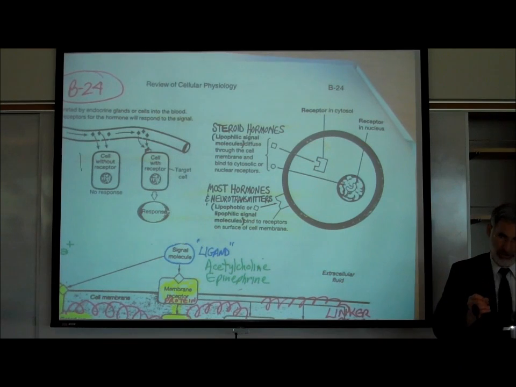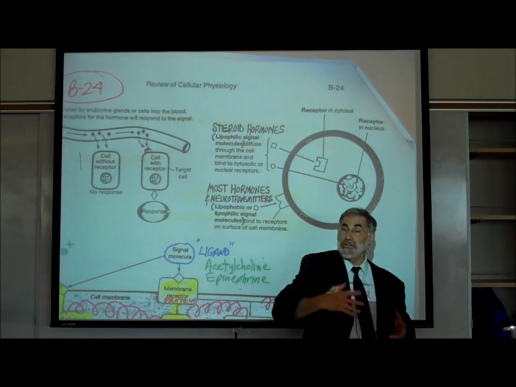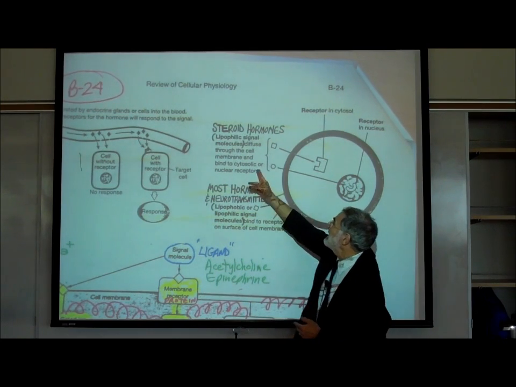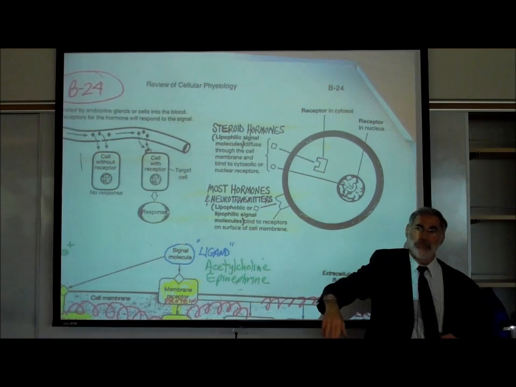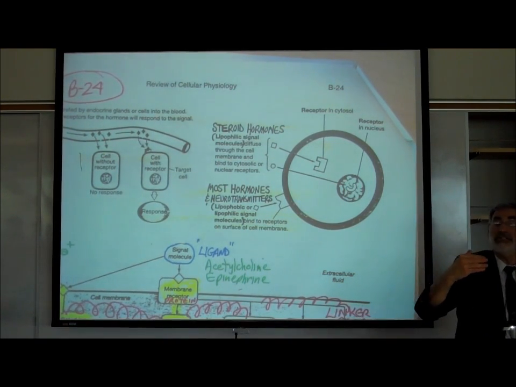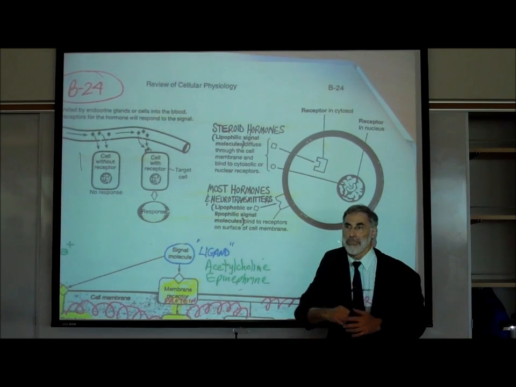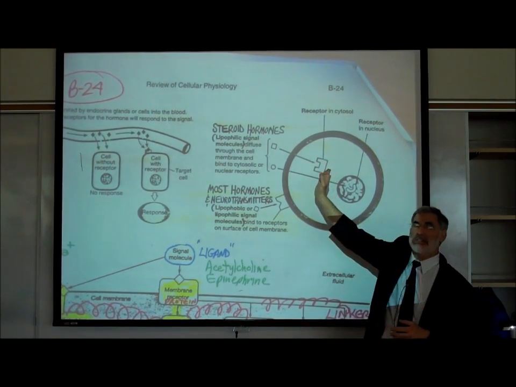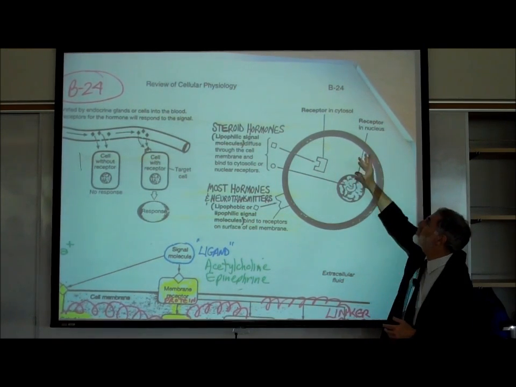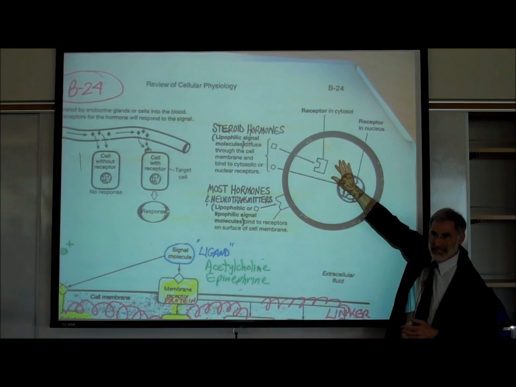Here's another difference. Since steroid hormones are made from a fat called cholesterol, they can easily diffuse across the fatty membrane. Because like dissolves like, a fat can move through that fatty membrane. So steroid hormones easily diffuse across the cell membrane, so the receptor sites for steroid hormones are inside the cell.